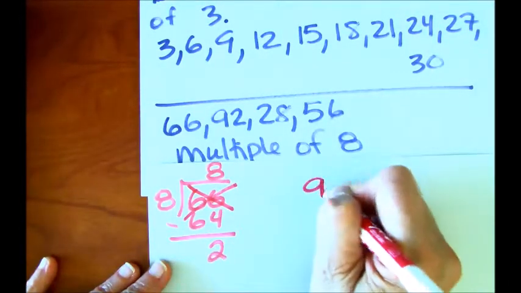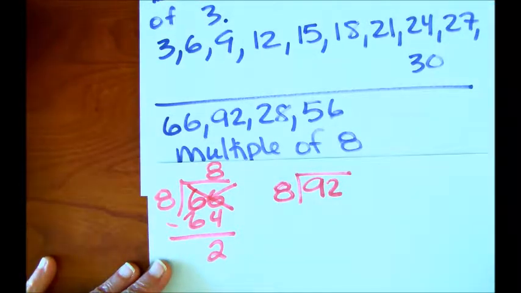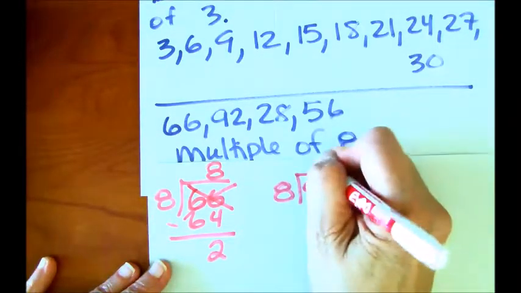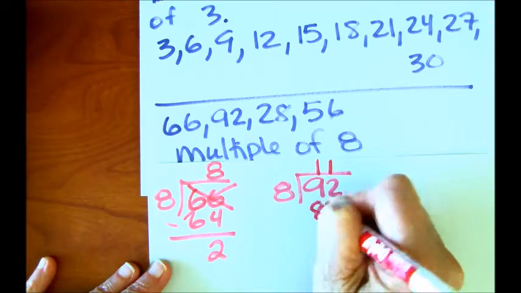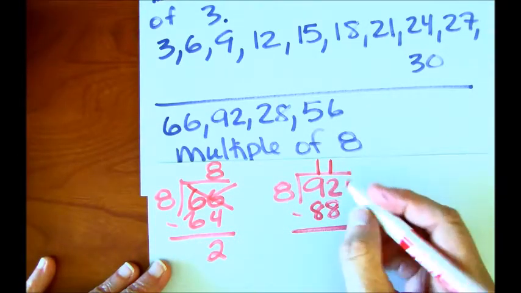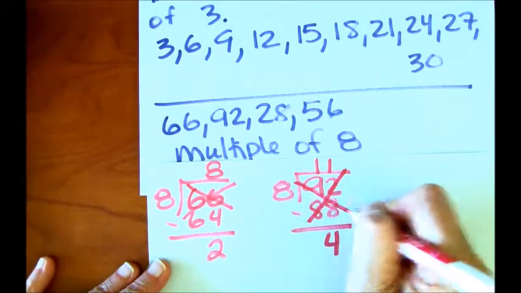How about 92? Well, 8 times 12 is 96, so 8 times 11 is going to be 88. And that's going to give me a remainder of 4. So again, that's not going to work.